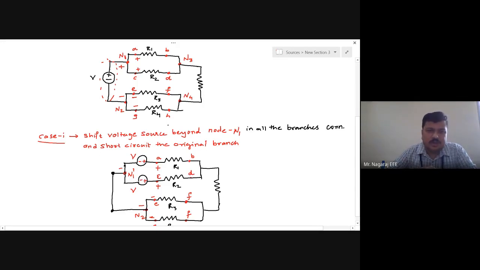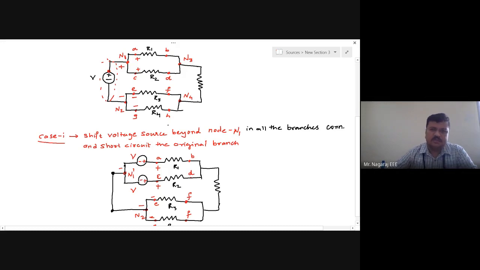So this node, which is connected to the source of V volts, is acting as a source to R1 and R2. Simply, I have replaced it with a source. That's it. Because whatever potential is available at this terminal of the voltage source, the same potential is available at the node N1 because it is a simple wire with zero resistance assumed. So I have simply shifted this voltage source beyond the nodes. That's it.